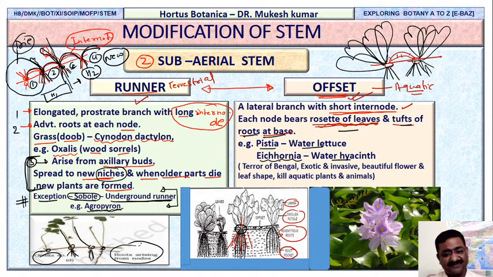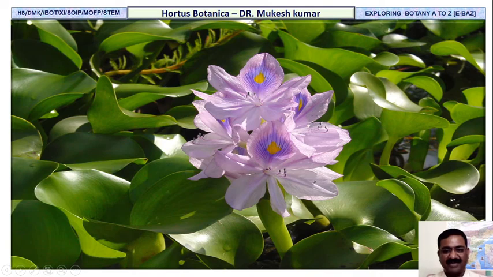Eichhornia crassipes is a very important plant, and it is called the terror of Bengal. Why? Because this plant was taken from an external source, it is not found in our India. So this is an exotic plant. But whenever it was taken, it was taken due to its beautiful structure. You will also like this plant. See how beautiful the shape of the leaf is.